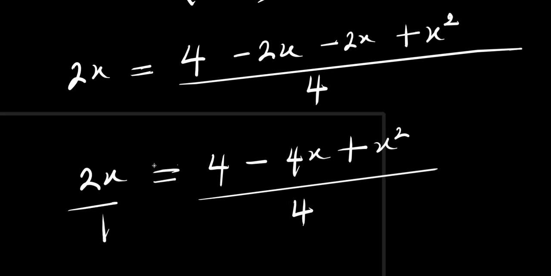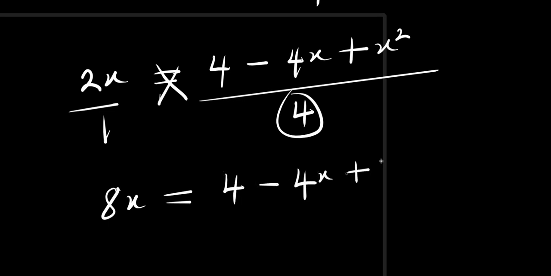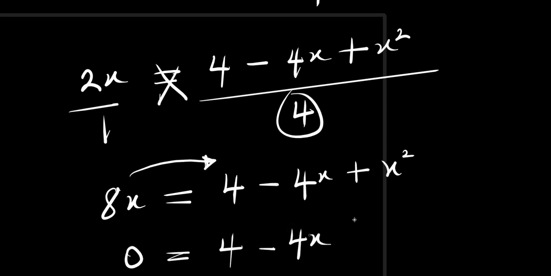This over 1, we cross multiply. 4 times 2x, that is 8x, equals 4 minus 4x plus x squared. We move this over here, we have 0 equals 4 minus 4x plus x squared minus 8x.